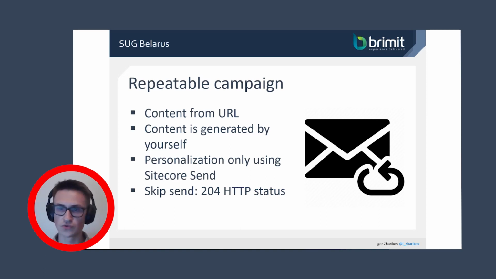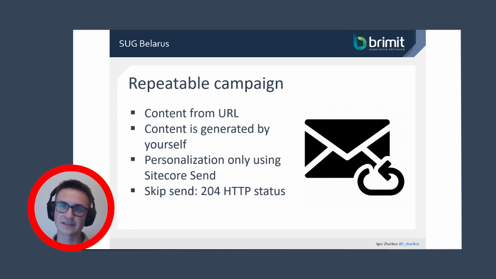It just executes a usual GET request to fetch the HTML for the campaign. So here you're not able to use the Sitecore Send editor for managing this campaign. You should manage it somewhere outside of Sitecore Send.